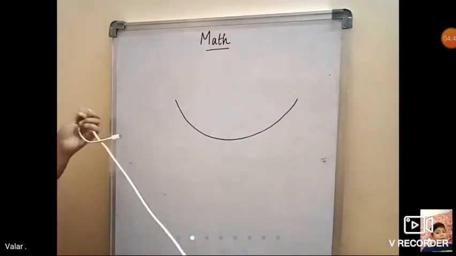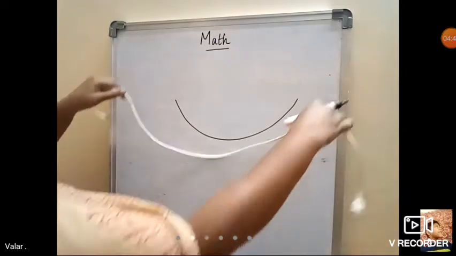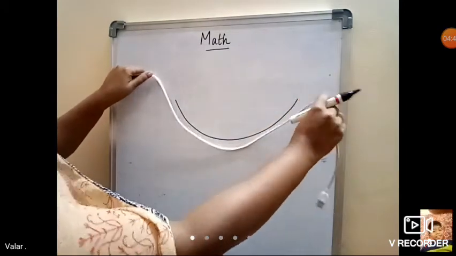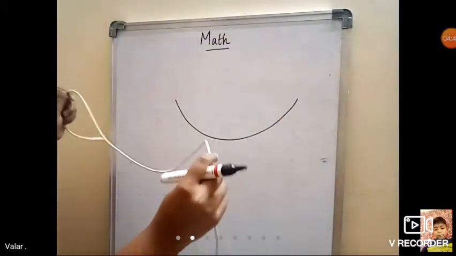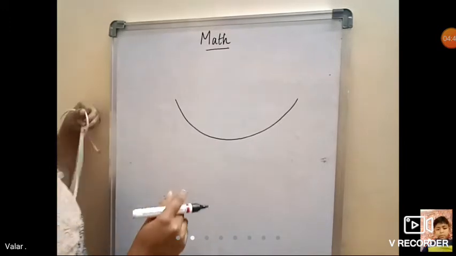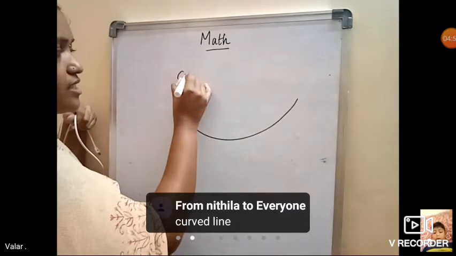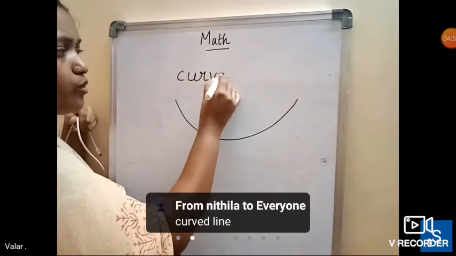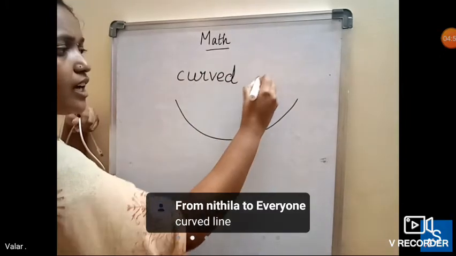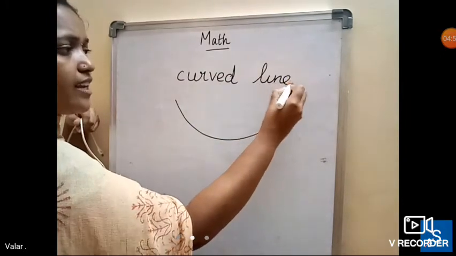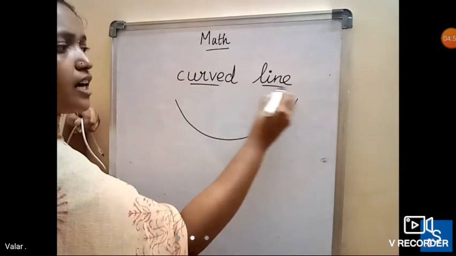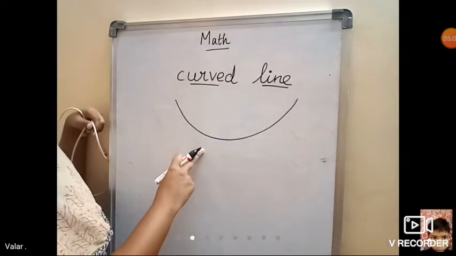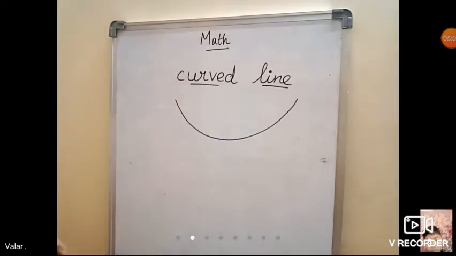Yes, the line is like this. So this is called a curved line. Curved, L-I-N-E, line. This type of line is called a curved line.